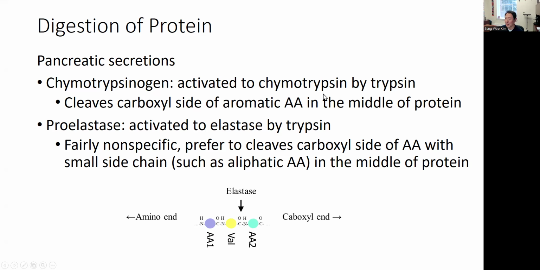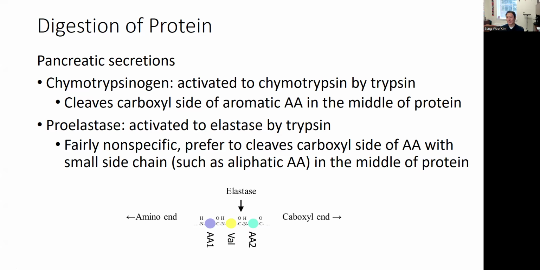So now we have chymotrypsin. What does this do? Once it's activated, chymotrypsin will cleave the peptide bond on the carboxyl side of aromatic amino acids in the middle of a protein. So now we need to know what the aromatic amino acids are.